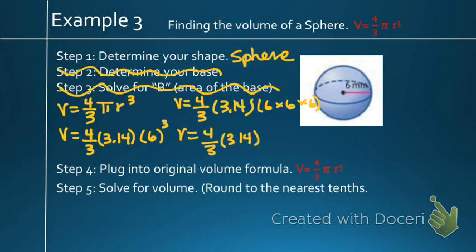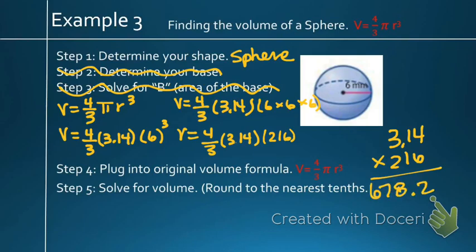Times another 6, we get 216. So now 3.14 times 216. Okay, we get 678.24.